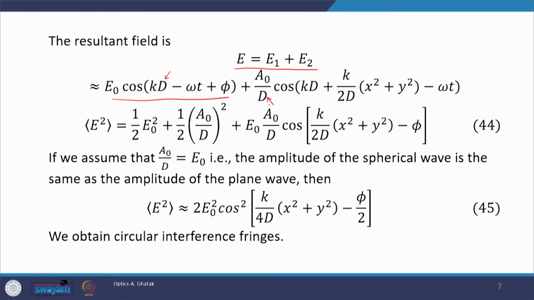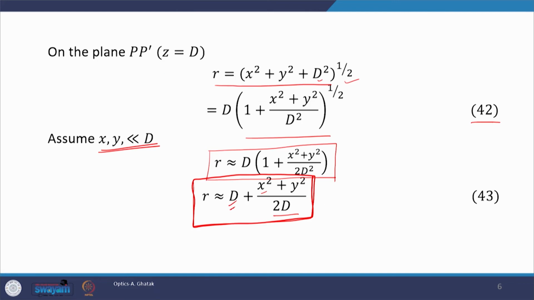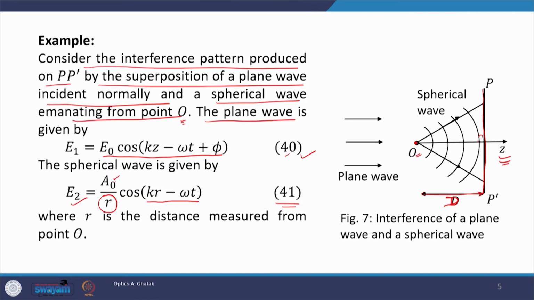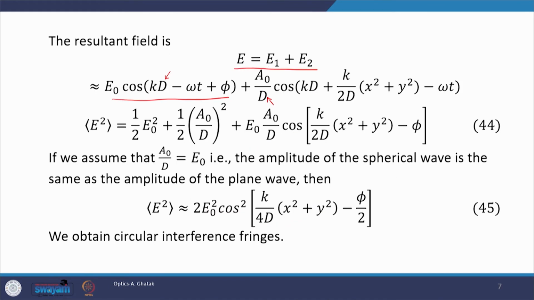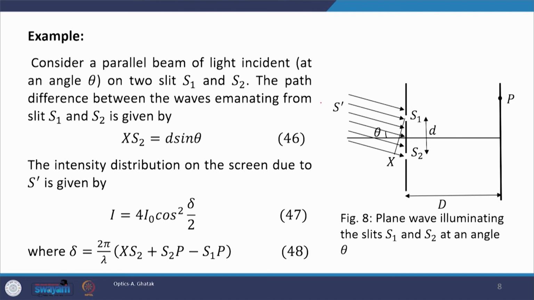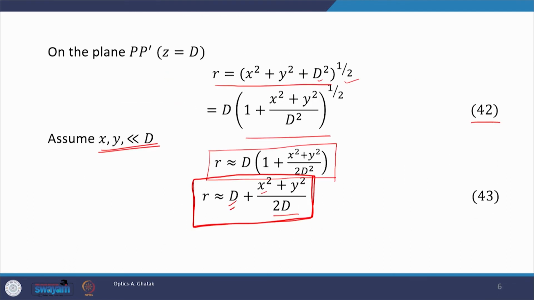Again, here r is replaced by d, because we are interested in the screen, and particularly in the region of the screen close to the center point of the screen. Therefore, r here is replaced by d in this expression. In the phase part, r is replaced by equation number 43.